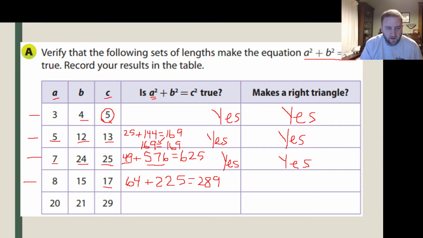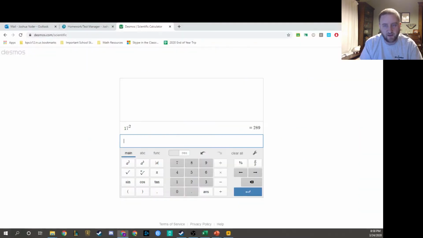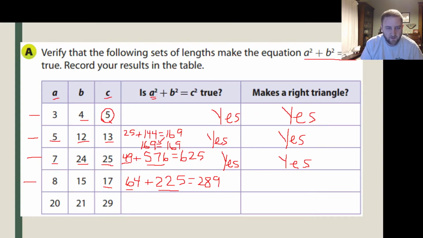Okay, now we want 64 plus 225, so let's go ahead and plug that in. 64 plus 225 is equal to 289. So 289 on this side is equal to 289. We get a true statement, so yes, this is a right triangle as well.